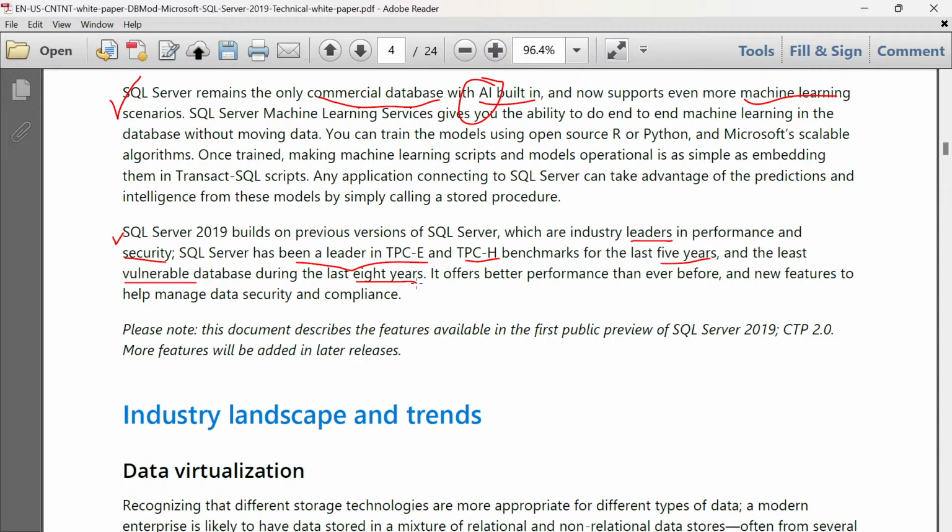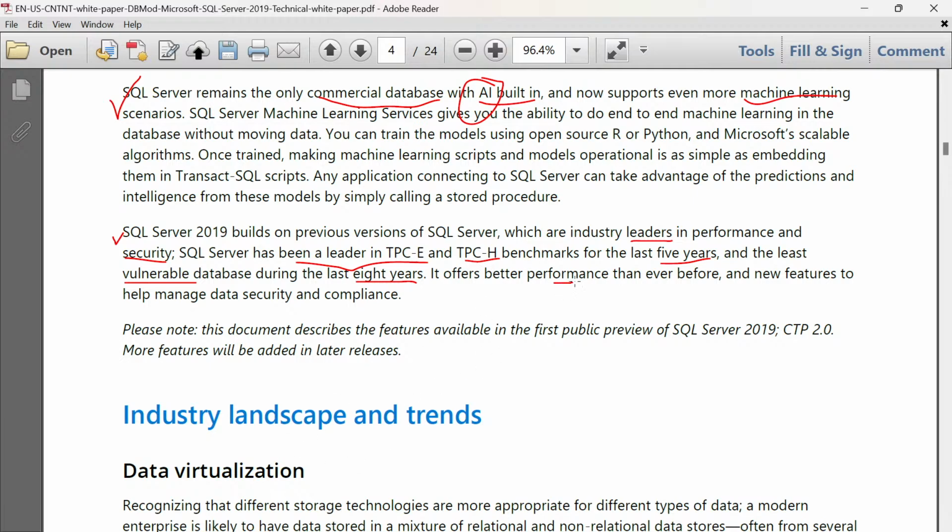So you can imagine it has crossed the benchmarks on quality tests. It has also crossed the benchmark on security. So it has been rated the least vulnerable database system in the last 8 years, you can say in the last decade. So it is safe to use as compared to other database systems.